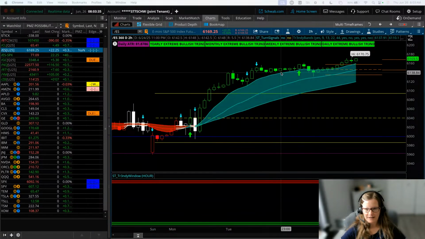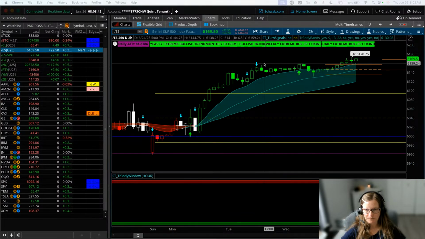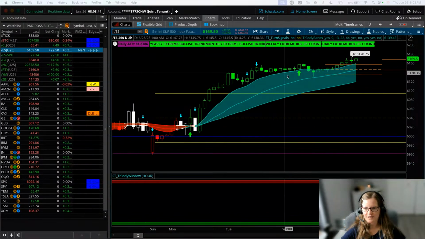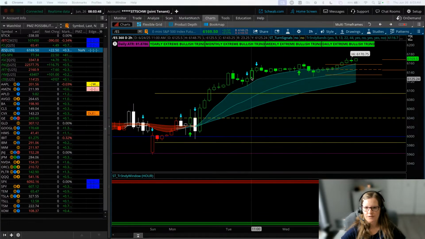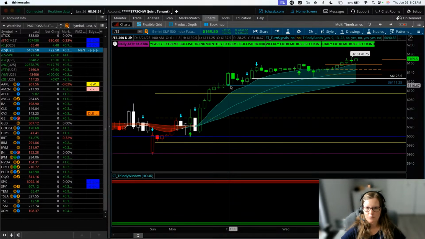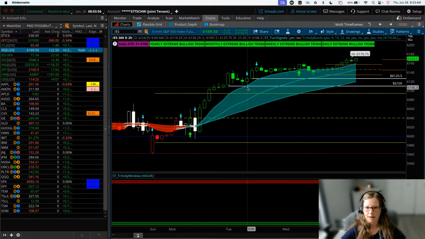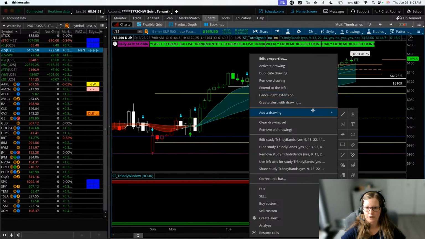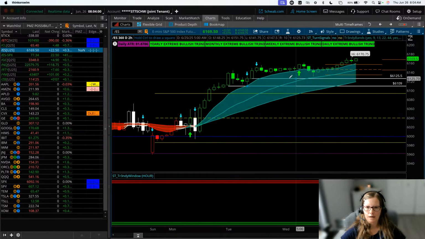So that consolidation occurred somewhere around 61.30 for the low of it and 61.60 for the high of it. I do have inside candles and then an up candle here at 61.25, and I'm going to use that as my buy zone or my target to the downside for ES today.